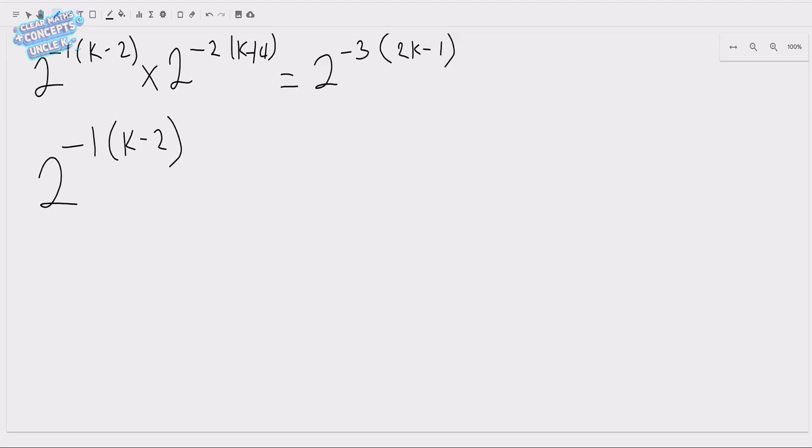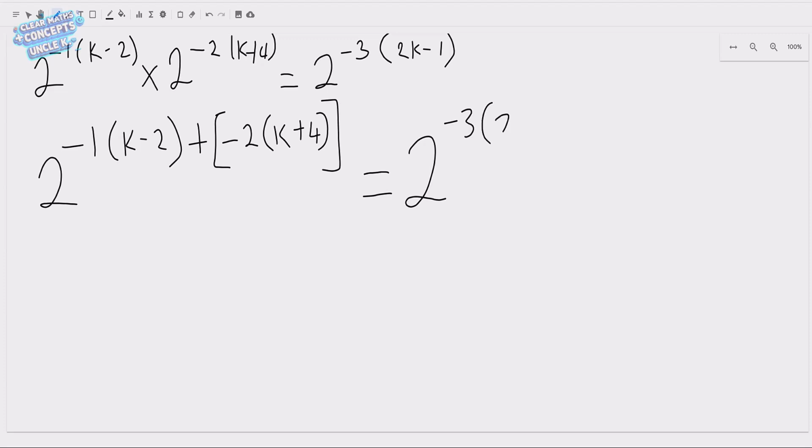The multiplication becomes what? Addition, right? Okay. So what you need to do is use another bracket. Now, I could just tell you what that is, but I want us to follow the due process. So that's right. We have 2 raised to minus 3 into 2k minus 1.